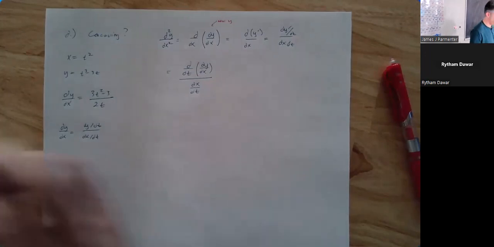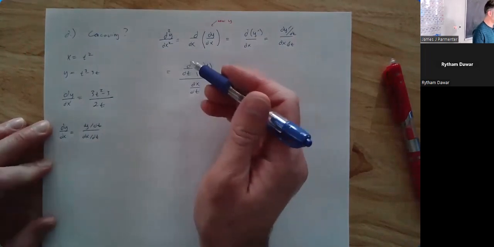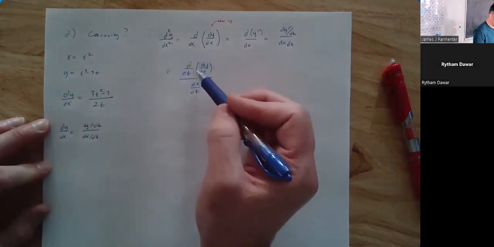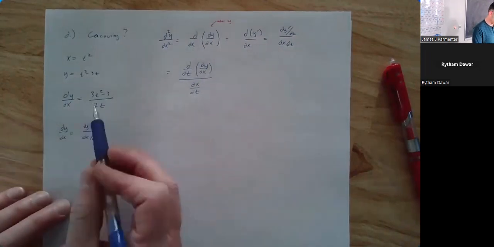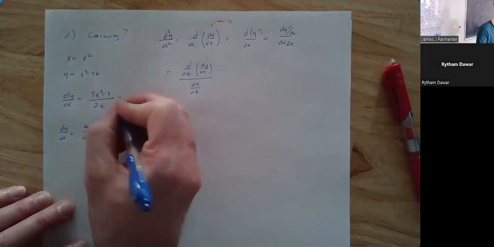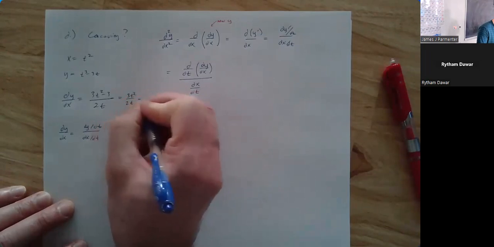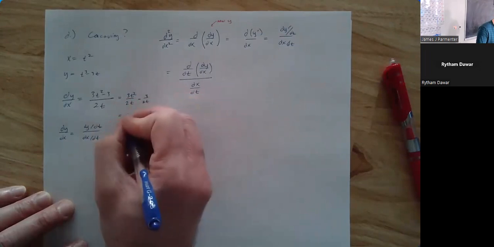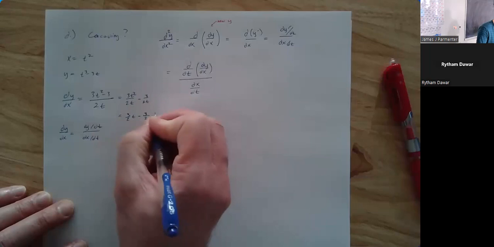So when I'm thinking about taking the second derivative, I take the derivative of my first derivative with respect to t, but then also divide by dx/dt. To that end, it's going to be a little bit easier to not do the quotient rule here. I would much rather rewrite this as 3t squared over 2t minus 3 over 2t, or 3 halves t minus 3 halves times 1 over t.